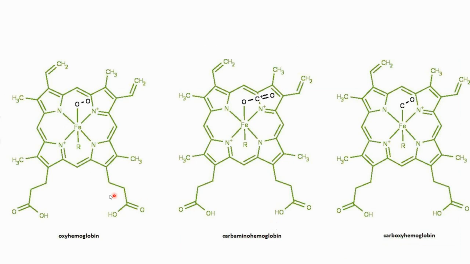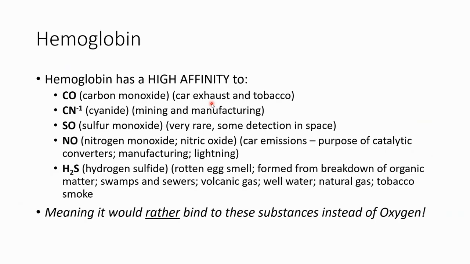This is just showing you where that oxygen binds, where the carbon dioxide binds, and then where the carbon monoxide binds. Now actually, carbon dioxide doesn't really bind to the iron part. It binds to the hemoglobin itself, but that's okay. So hemoglobin, like we said a second ago, has a high affinity to things you don't want it to bind to. These are all things you don't want to be carrying around in your body.